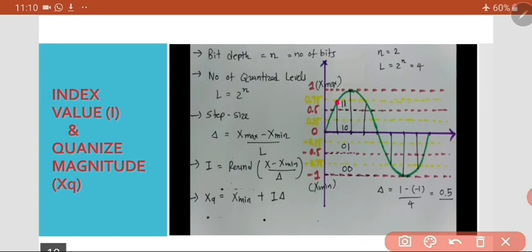We consider it as 0.707 for our understanding. This value of x we will put in the equation of index value I, and then we are able to find the value of index I.